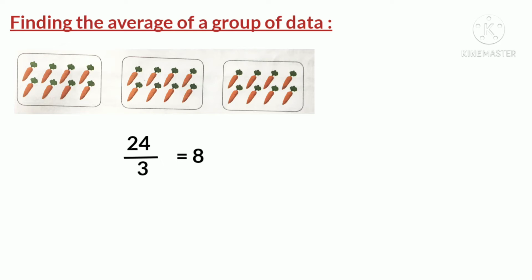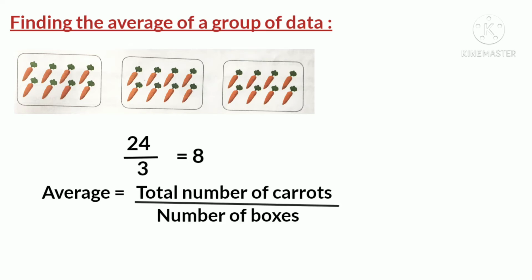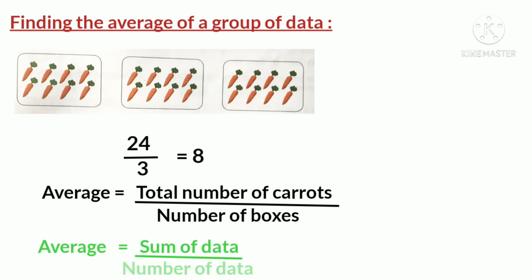That means we get the average by dividing the total number of items into equal groups. So students, we can get the average number of carrots by dividing the total number of carrots by the number of boxes. So we can say that average is equal to sum of data divided by number of data.